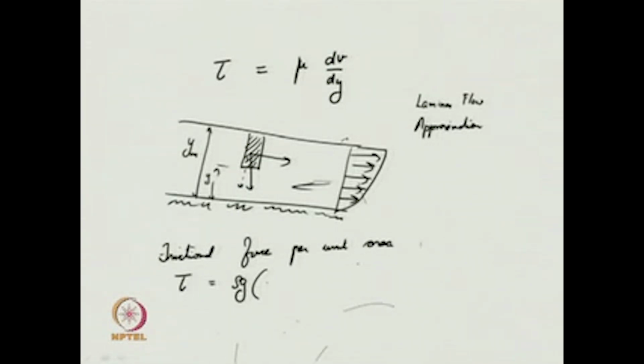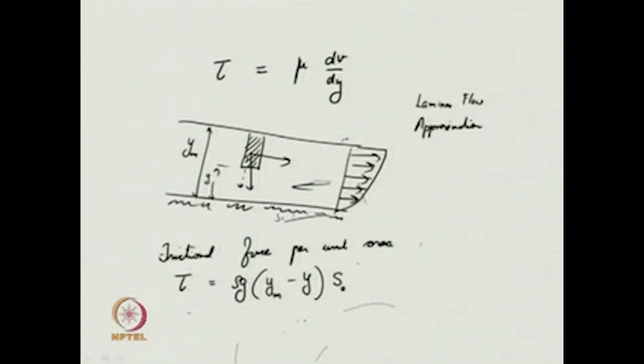So rho g into (ym minus y) into the slope, meaning you need to take the slope into account here. We are equating the component of the gravity force in this direction with the friction force.